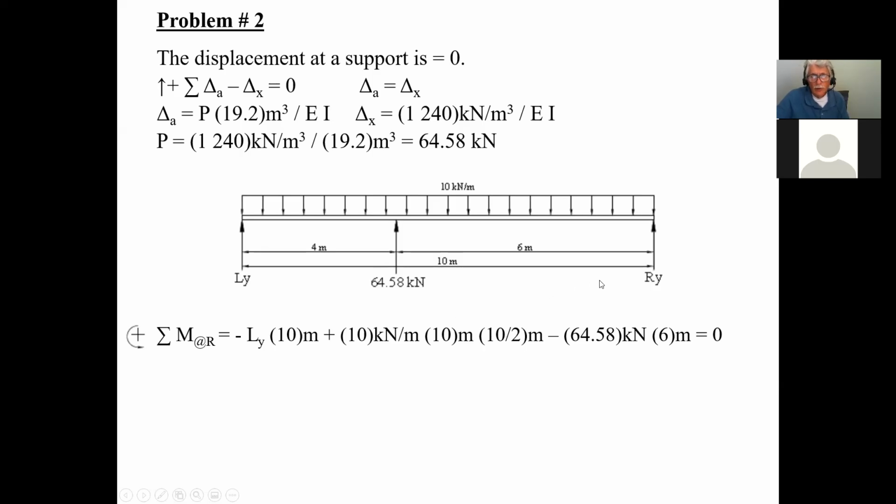So if I take moments about the right, about here, of course, like I said, take this to be positive, and of course this is negative. Again, just to review, whenever you're taking moments about a point, the first thing you worry about is the sign, then the force, then the distance.